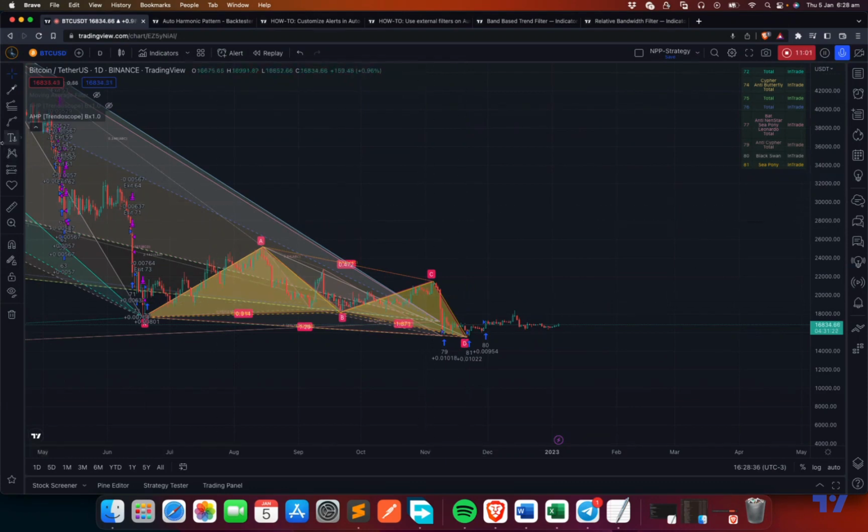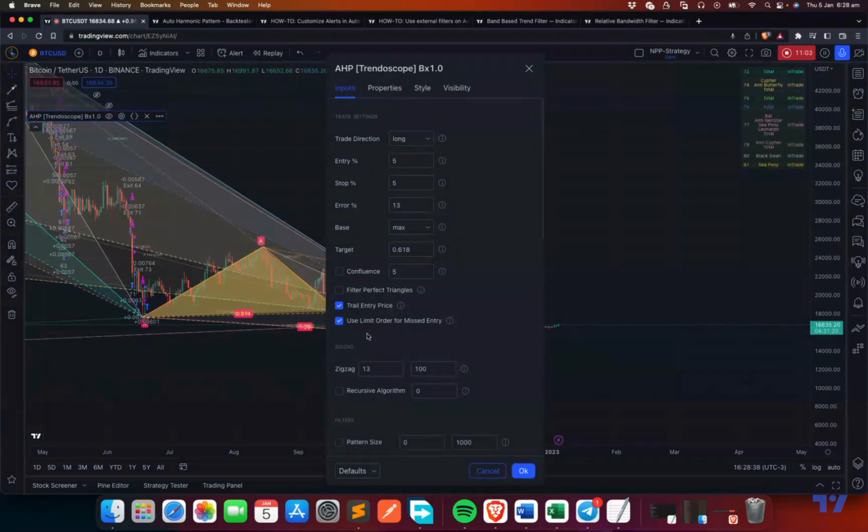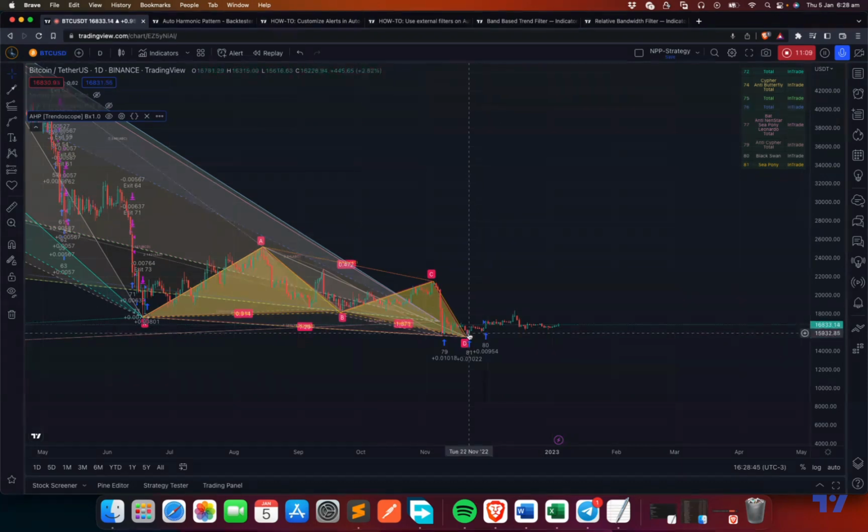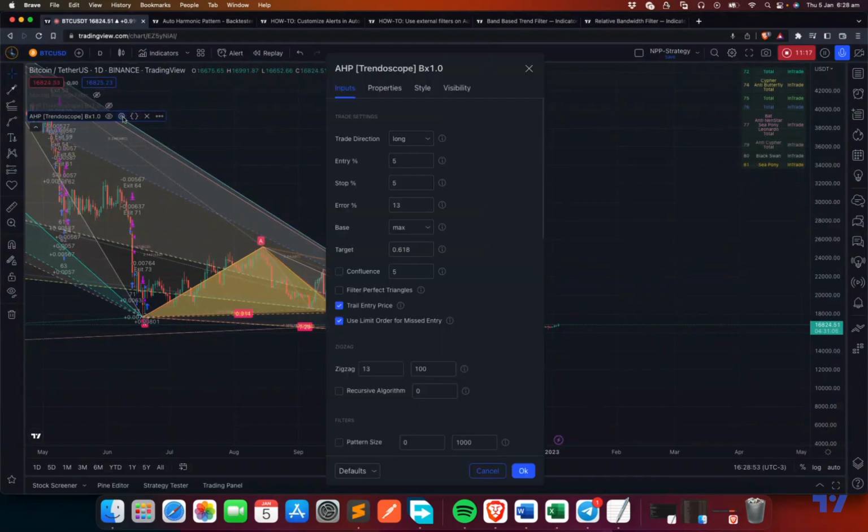In that case, if this option is selected, it will place a limit order, because it's not advisable to enter here. So either you place a limit order or you do not enter. If you do not check this, it will not trade anything. If you check this option, it will place a limit order, right? That's about the trade settings.